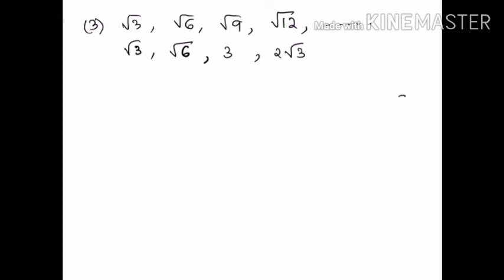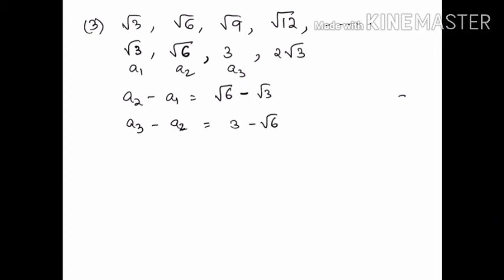Now if we subtract A1 from A2, we get root 6 minus root 3. A3 minus A2 is equal to 3 minus root 6. It can clearly be seen that A2 minus A1 is not equal to A3 minus A2. So this implies this example is not an AP.